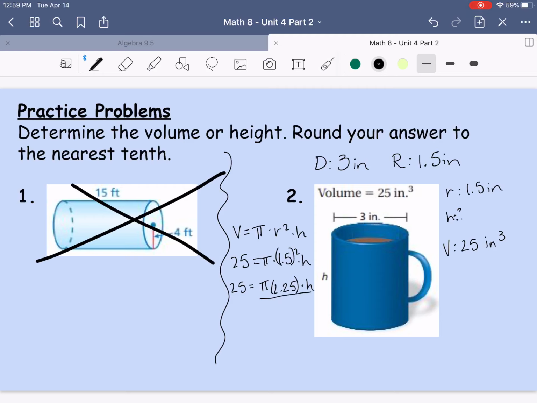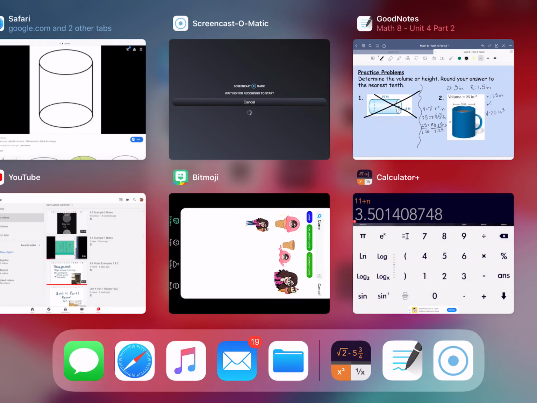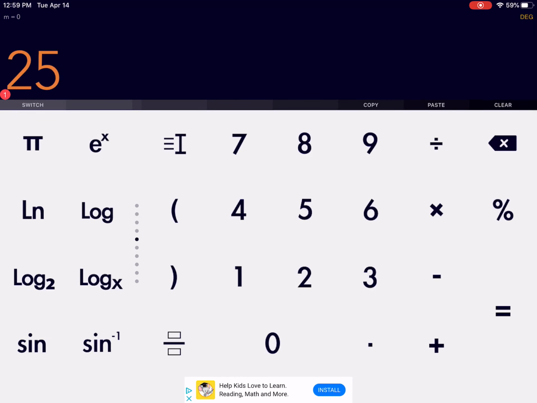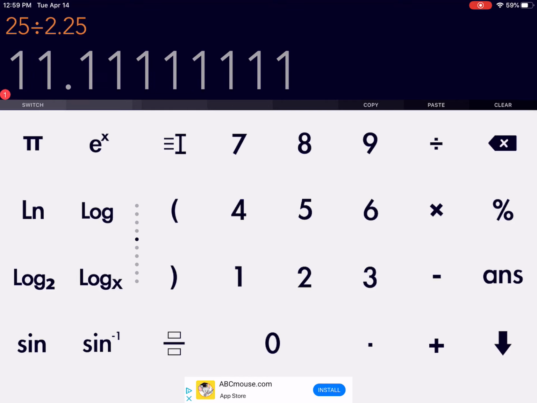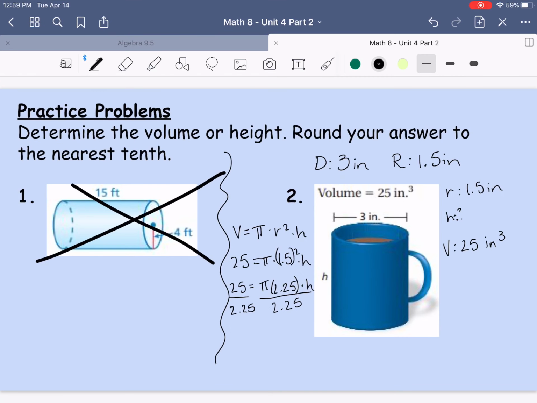So from here, I'm going to start moving things by dividing. Okay, and 25 divided by 2.25 is 1.11111, repeating. So 11.1 is what we're going to put. We'll round.